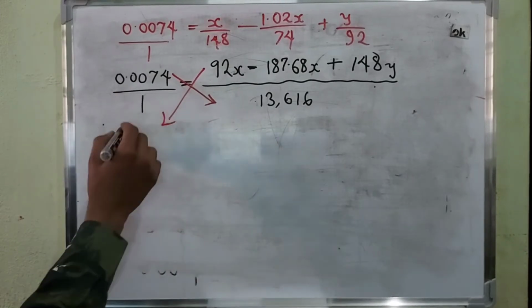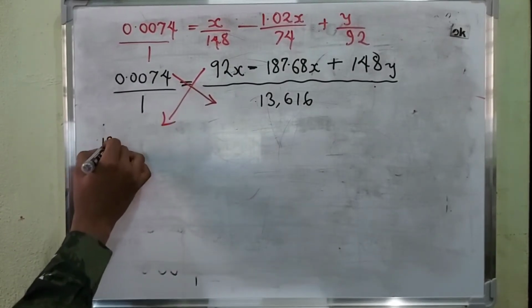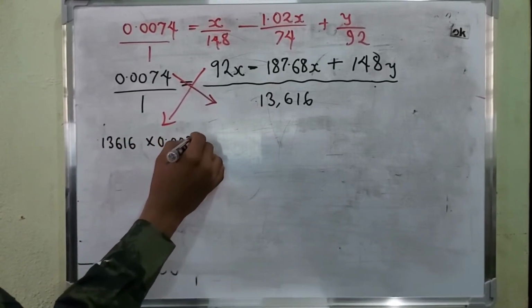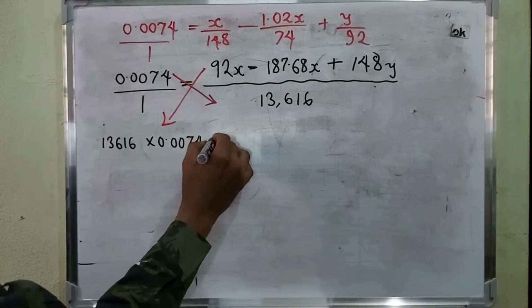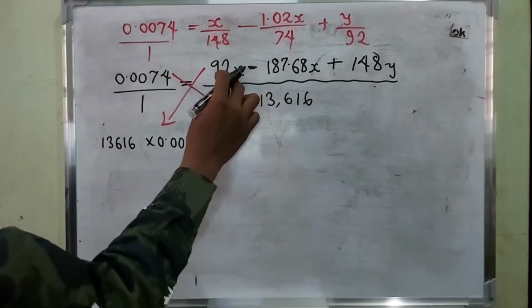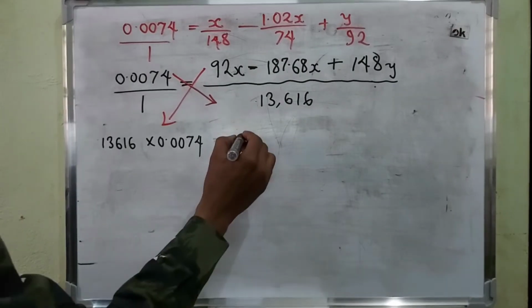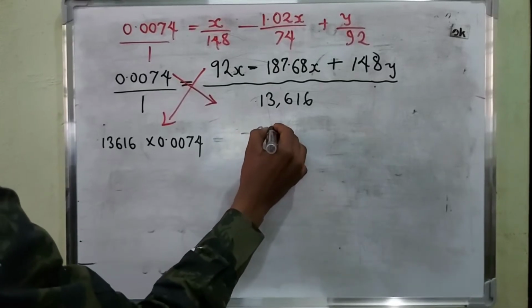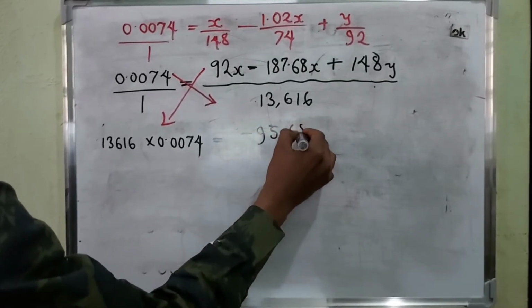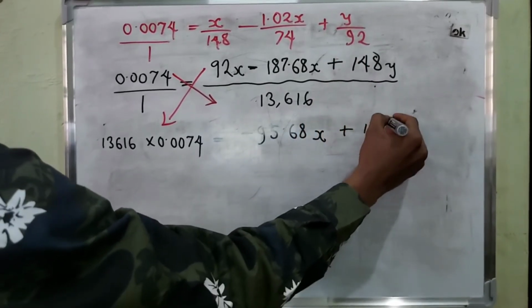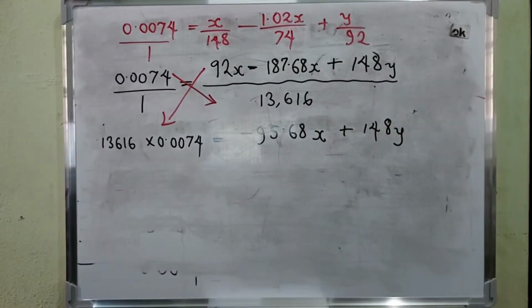So we would be having 13,616 times 0.0074 equal to 92x minus 187.68x. That will give us minus 95.68x plus 148y. So we have something a little more simplified.